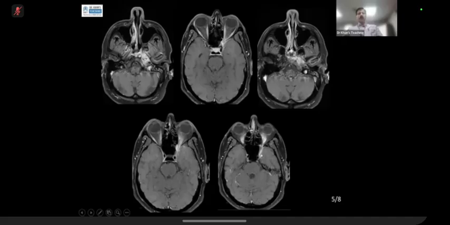Excellent. So we can see cavernous sinus thrombosis here, and I will show you cases, maybe next session, where there can be secondary thrombosis of the ICA. That is known to happen.